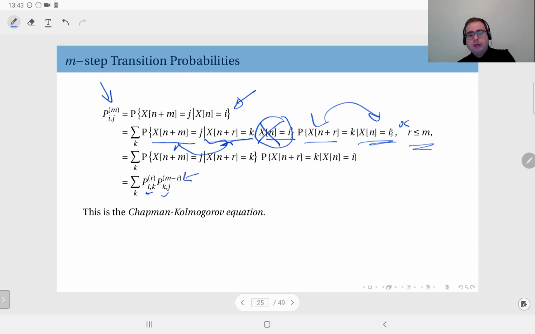So in total, I will have m steps, and my transition will be from i to j. Okay, but in between, I just conditioned it on every state I can visit.